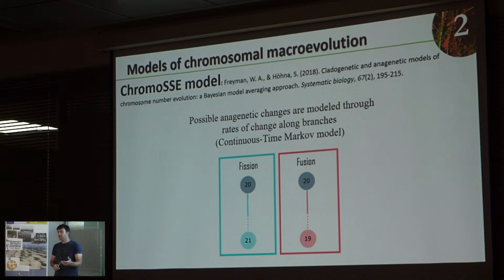In this model, we can also include a parameter to model polyploidy, but because we know this is very infrequent or almost non-existent in this genus, in order to keep the model simpler, we removed the polyploidy parameter.